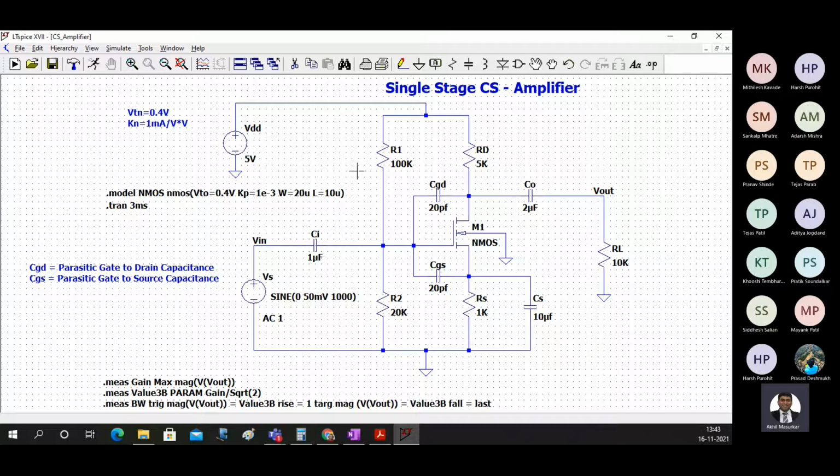Draw the circuit. I will wait here for all of you. Do the naming correctly.